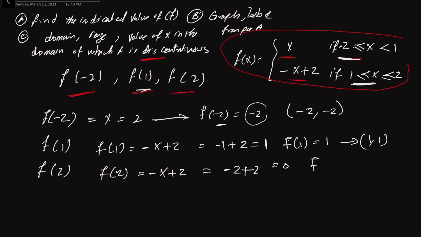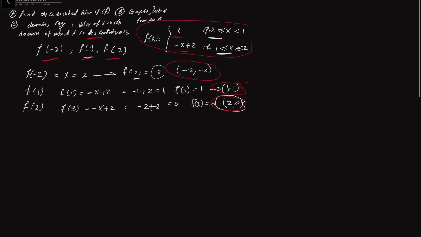So f of 2 equals 0, and the third point will be 2 and 0. All right, so we have the three points.